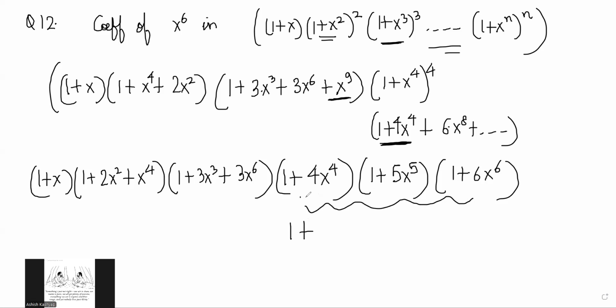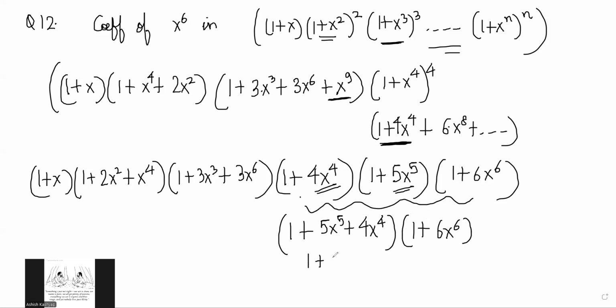Okay, multiply these two first. 1 plus, we'll ignore the term 20 x power 9 because that doesn't matter for us. We're getting 1 plus 5 x power 5 plus 4 x power 4. Multiply this with 1 plus 6 x power 6. So we're getting 1 plus 6 x power 6 plus 5 x power 5 plus 4 x power 4.